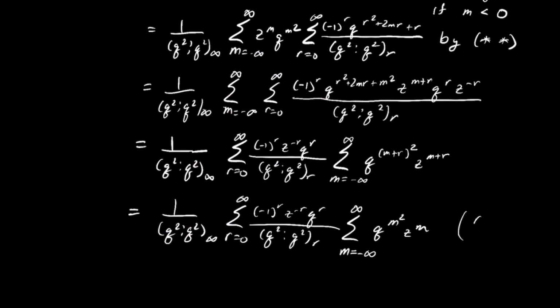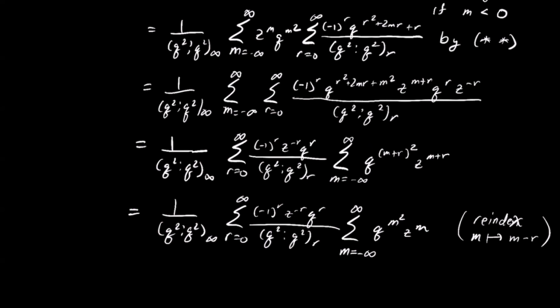All right, so what I've done is I've reindexed, I've replaced m by m minus r. But I'm summing over all the integers, so it's kind of inconsequential. It doesn't change the limits of the summation. Okay, so we have something elegant that looks like this. And the one thing you might notice right away is this can be written as a product, right?